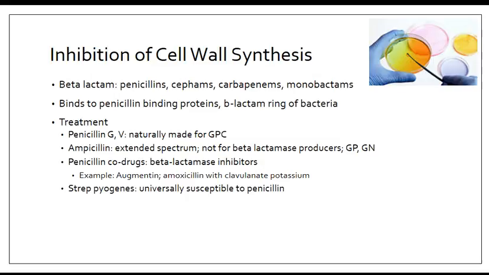But pharmacies came up with a co-drug like Augmentin. Augmentin is amoxicillin with clavulanic acid or clavulanate potassium in it. And the clavulanic acid is there to inhibit the beta-lactamase. So these have to be used for beta-lactamase producers.